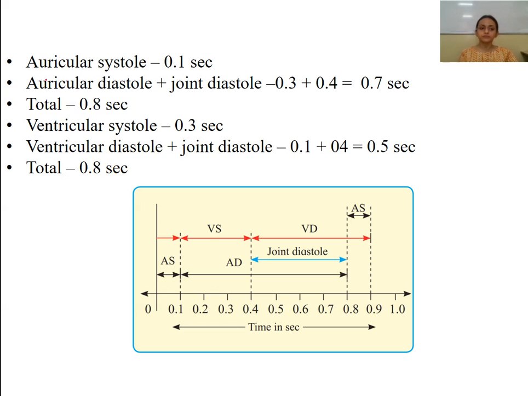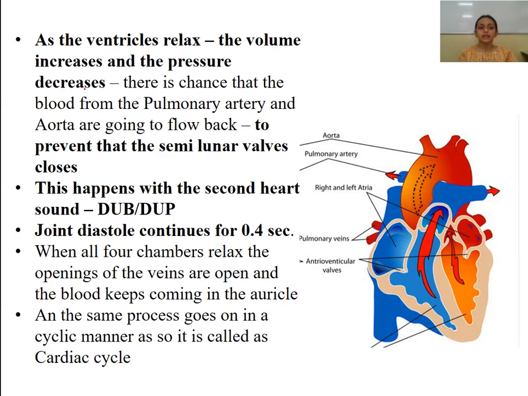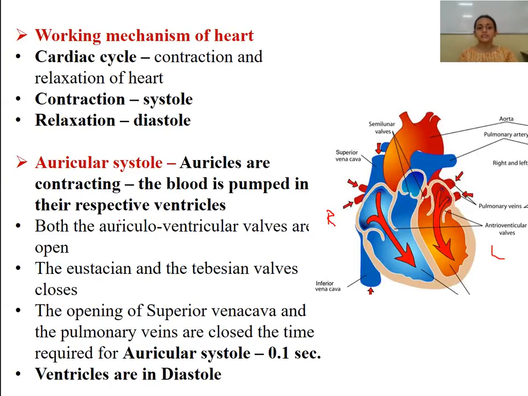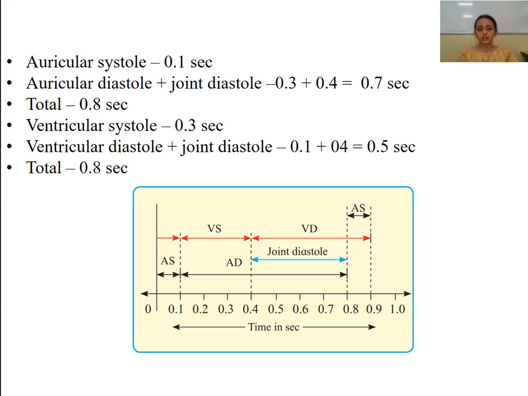So both the auricular systole and diastole and the ventricular systole and diastole take place in 0.8 seconds. So you can say that each cardiac cycle is completed in 0.8 seconds. In this matter of 0.8 second, all these things take place.